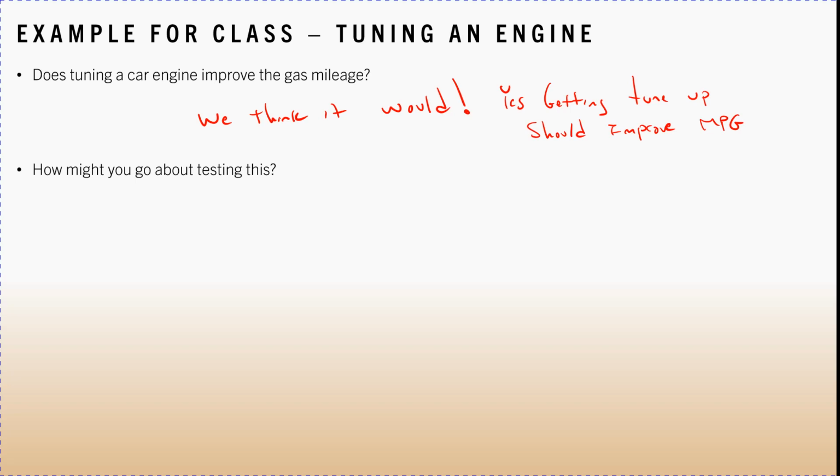So how would you go about doing this? You can't just compare one set of cars that have had tune-ups versus another set that hasn't, because they're different cars. So here's what you do. You take a single sample of, say, 30 cars.